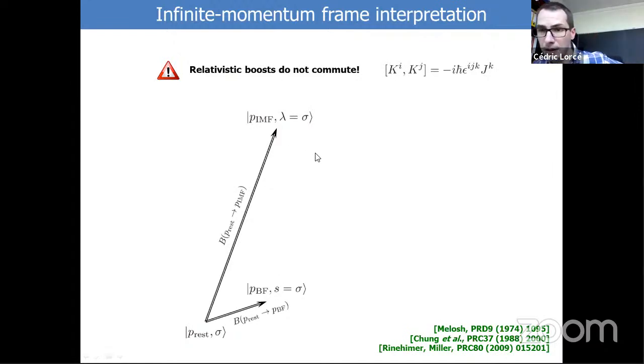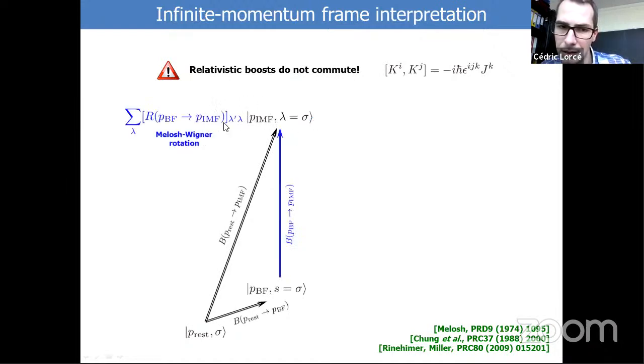So far, so good. But where things become really tricky and hard to picture is that if you take a boost from the Breit frame to the infinite momentum frame directly, what you obtain is not this state, but a state that is rotated in polarization space.